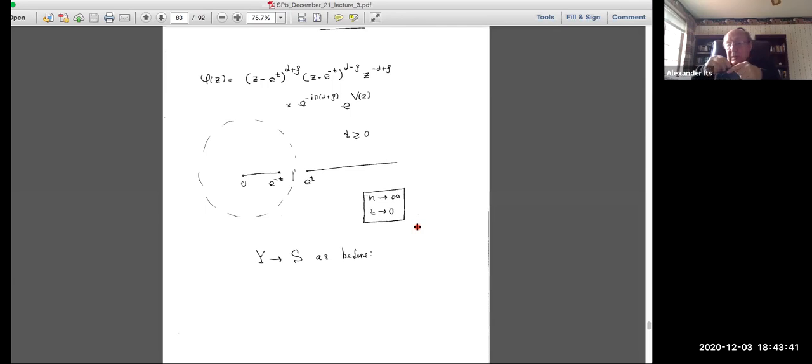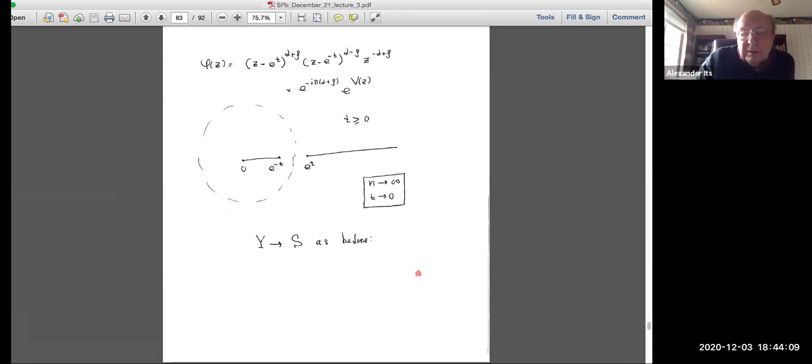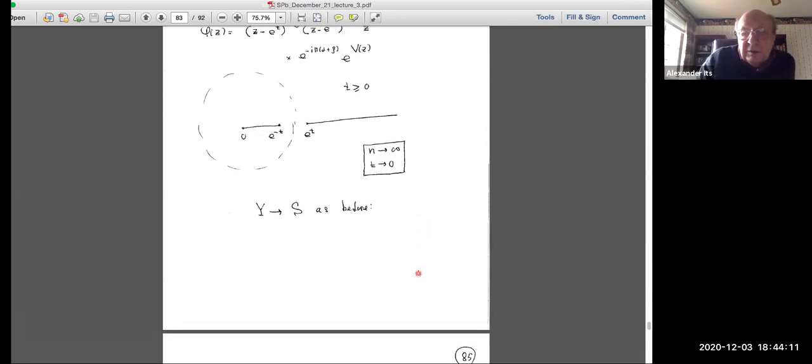In the meantime, I will express asymptotics in terms of the scaling parameter, which is n times t. N times t is first kept bounded, but then I will also allow it to go from 0 to infinity, so that I will indeed glue everything.